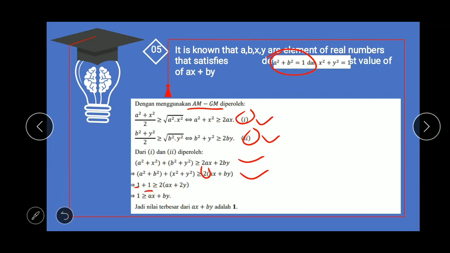Then we can simplify: 1 plus 1 is 2, and we can cancel 2 here, 2, and then 1. So we find that the greatest value of ax plus by equal to 1.